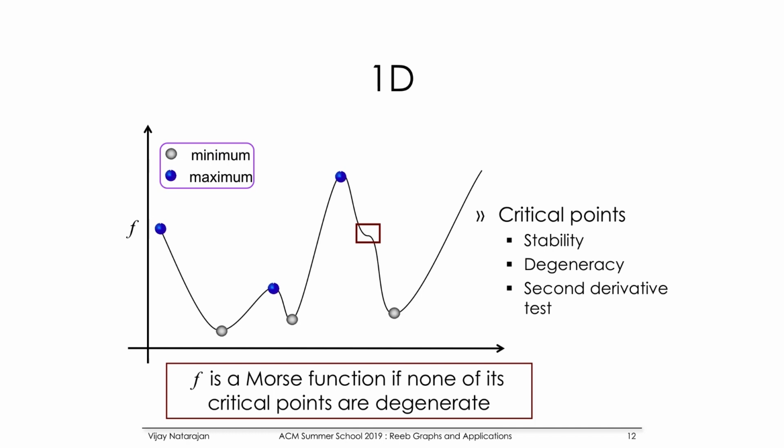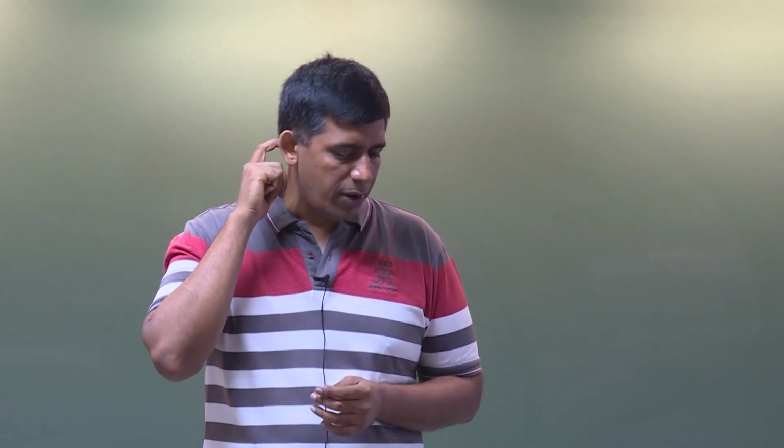So let's think of this 1D function. It's a one-dimensional function. How many types of critical points does it have? 2 types, the minima and maxima. These are exactly where the gradient is 0. But let's think about these critical points in a different way. Let's think about this as some kind of a roller coaster ride.